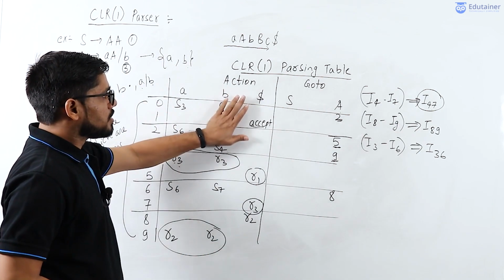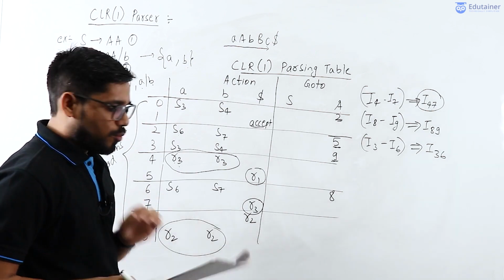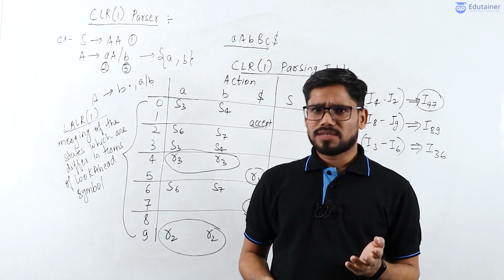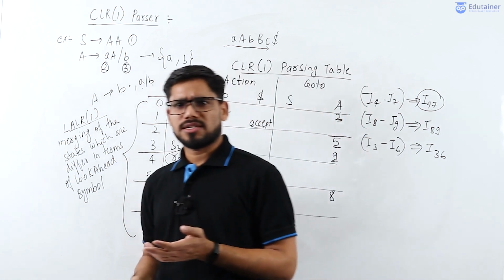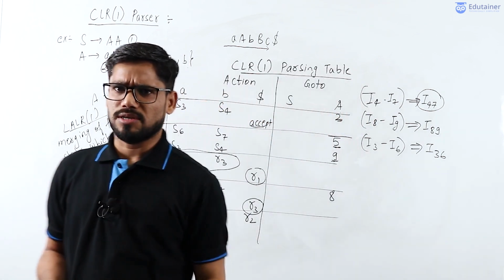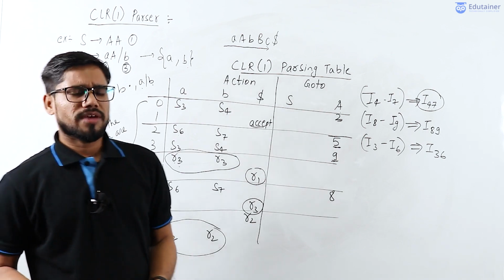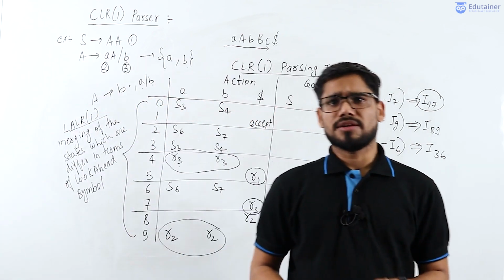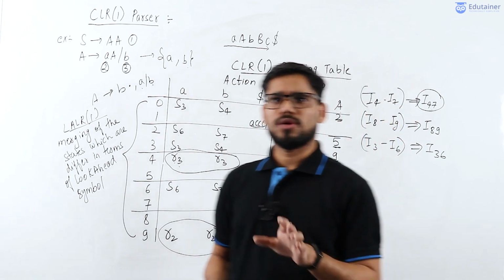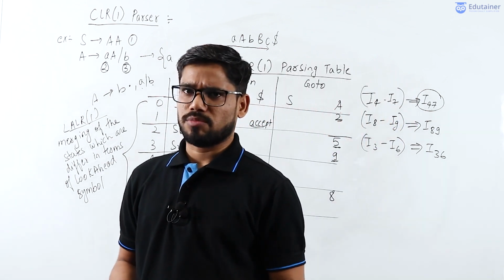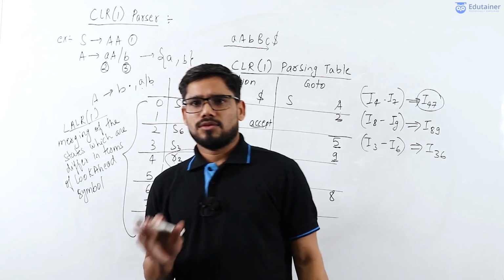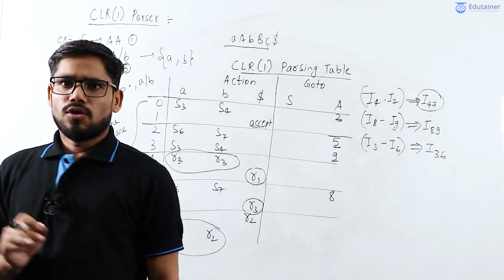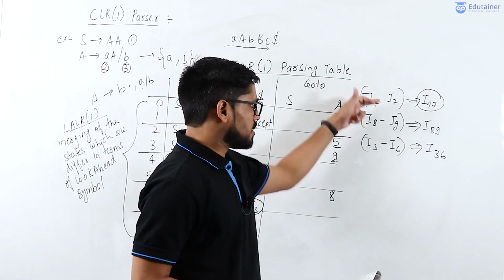So the CLR1 parsing table contains more states compared to the LR0 and SLR1 parsing tables, and also the LALR1 parsing table in some cases. So definitely the power of the CLR1 parser is more compared to the LR0 and SLR1 parsers. One thing is very important: these states are not always merged.